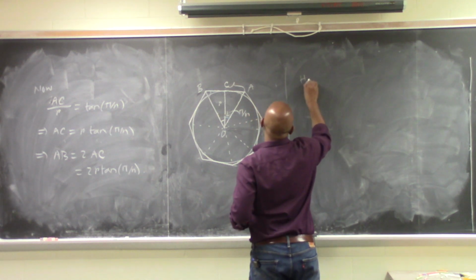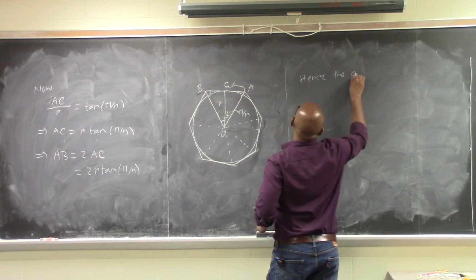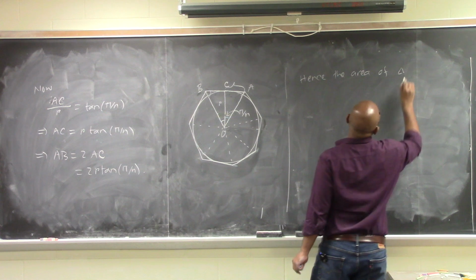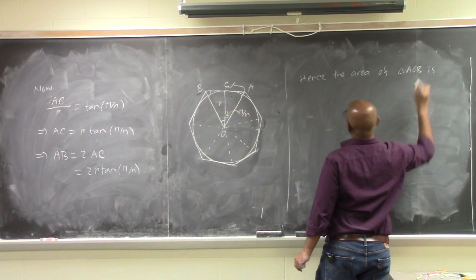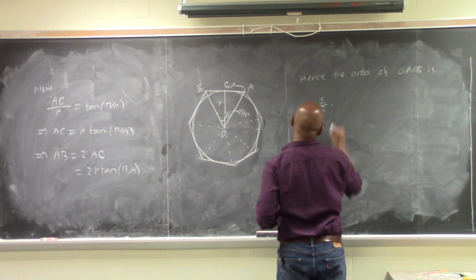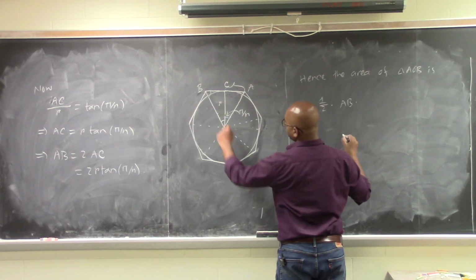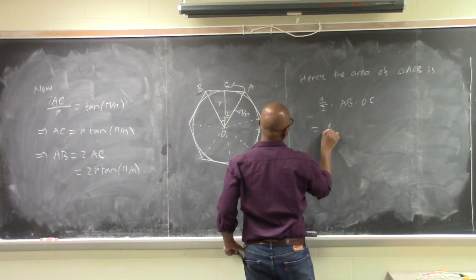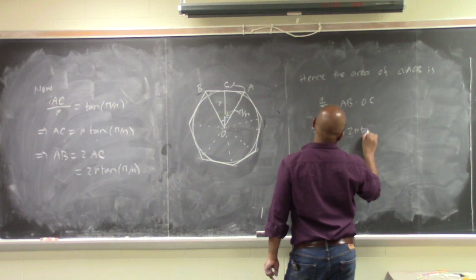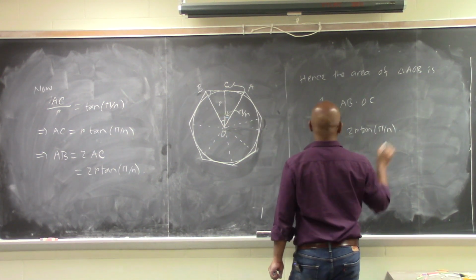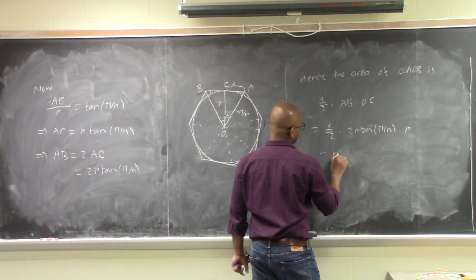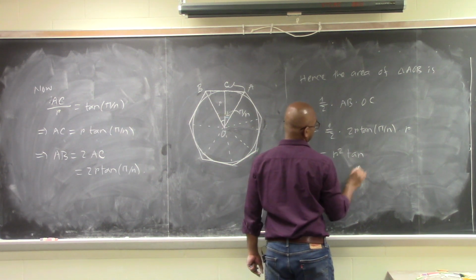Hence, the area of this triangle AOB is what? 1/2 times base, which is AB, times height, which is OC. Okay, so this is 1/2 times 2R tan pi over n times OC, which is just R, so you can cancel those two out, so this is R squared tan pi over n.